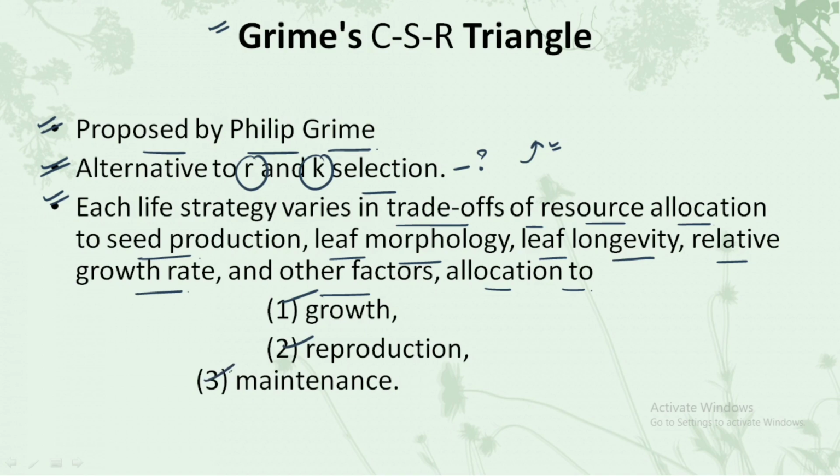Whenever we look at a life strategy, it is in order to survive, to increase the life, or to have strategies used by the organisms so that they could increase their years of living. So whatever we are using, be it the resource allocation to seed production, each of these is used in order of the trade-off.